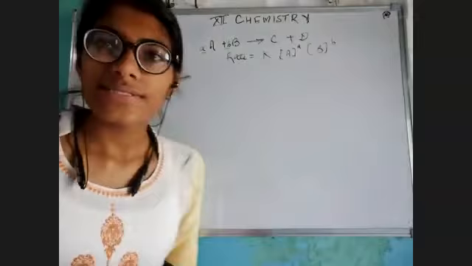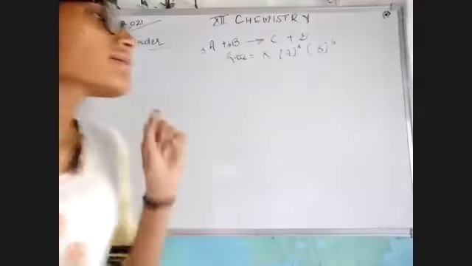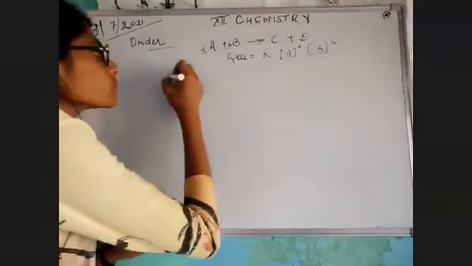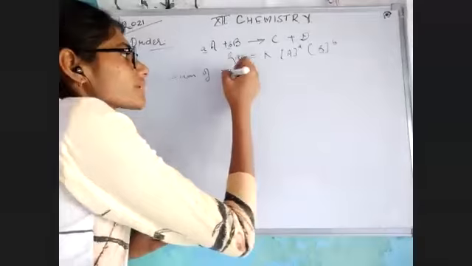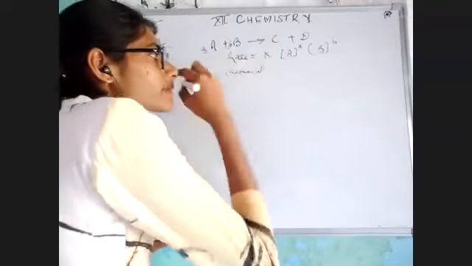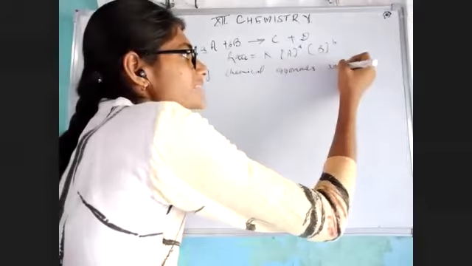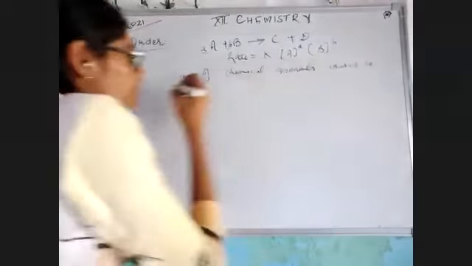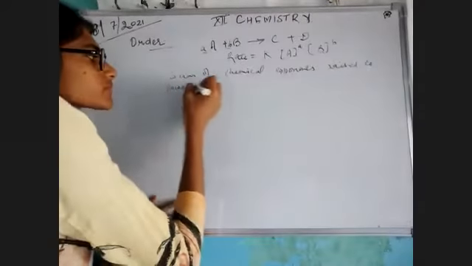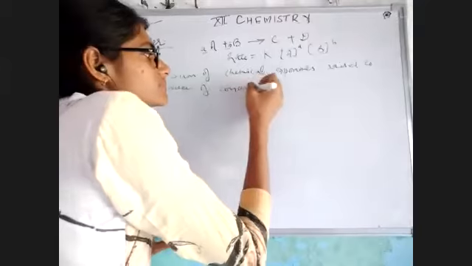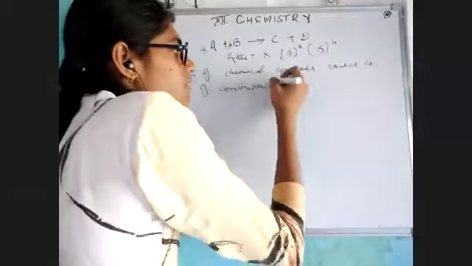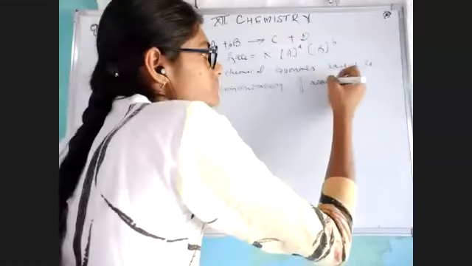What does order tell us? Order is the sum of the exponents raised to the power of the concentration of reactants, right?